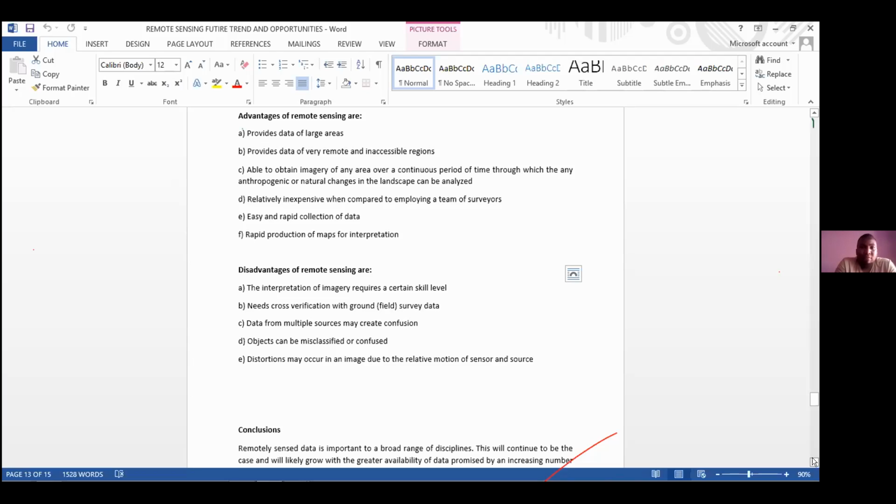Then number five, distortions may occur in an image due to relative motion of the sensor and source. For instance, maybe you're collecting information with a GPS. When you want to collect information with a GPS, you need to stand still so that you can connect to the sensors in the sky and collect that information.